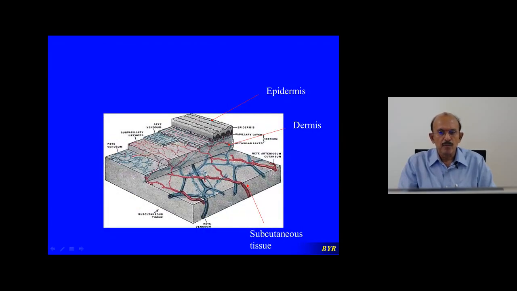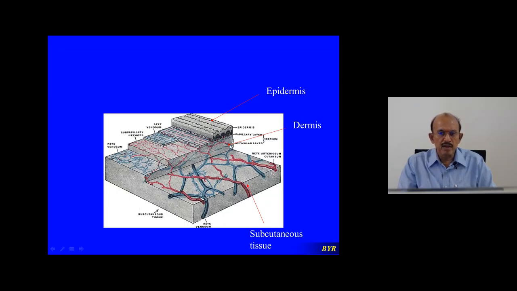So this is how the vascular plexus is there. This is the subcutaneous tissue. You can see the perforating branches. These are coming from the muscle. So there is a subcutaneous plexus like this. From this plexus, the vessels penetrate the dermis and ramify in the dermis and form a plexus in the dermis.